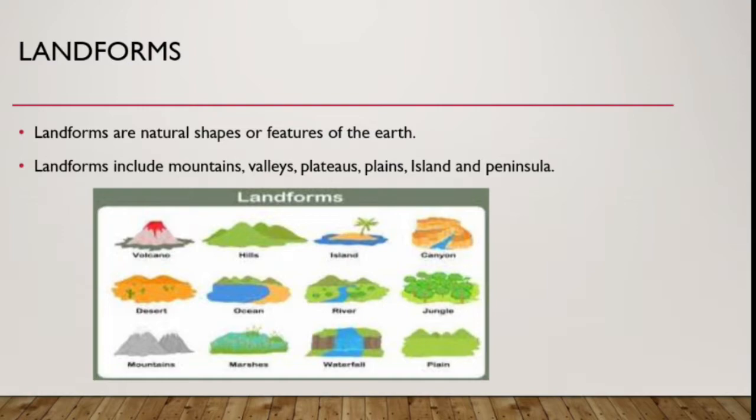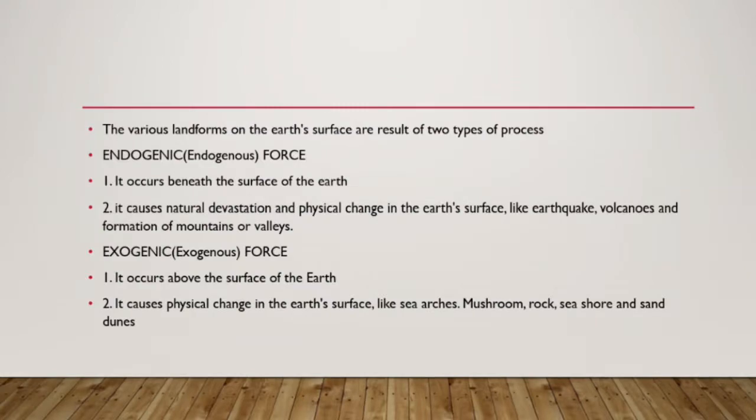Let's move further. The various landforms of the Earth's surface are a result of two types of processes. The first process is endogenic. This occurs beneath the surface of the Earth, and it causes natural deformation and physical changes in the Earth's surface like earthquakes, volcanoes, and formation of mountains and valleys.